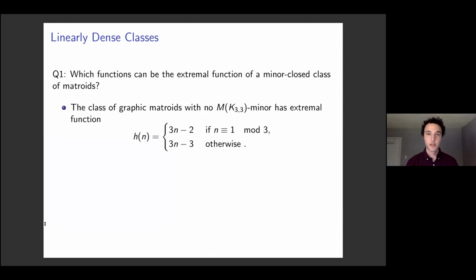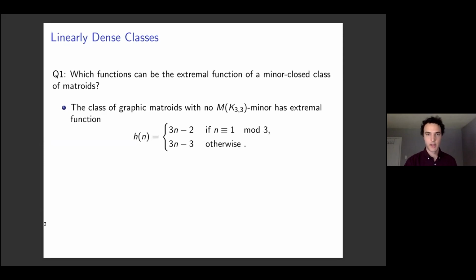The class of graphic matroids without the cycle matroid of K33 as a minor has this extremal function. It's 3n minus 2 whenever n is equivalent to 1 mod 3, and 3n minus 3 otherwise. So there's this periodic behavior that depends on the value of n.